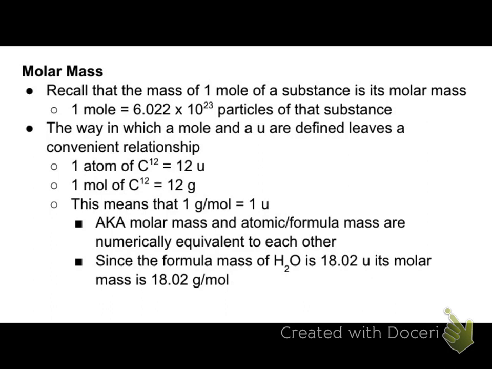It would be 6.022 times 10 to the 23rd molecules of water, which coincidentally means there would be 1 mole of oxygen, but there would be 2 moles of hydrogen atoms present, because it takes twice as many hydrogen atoms to make a molecule of water.